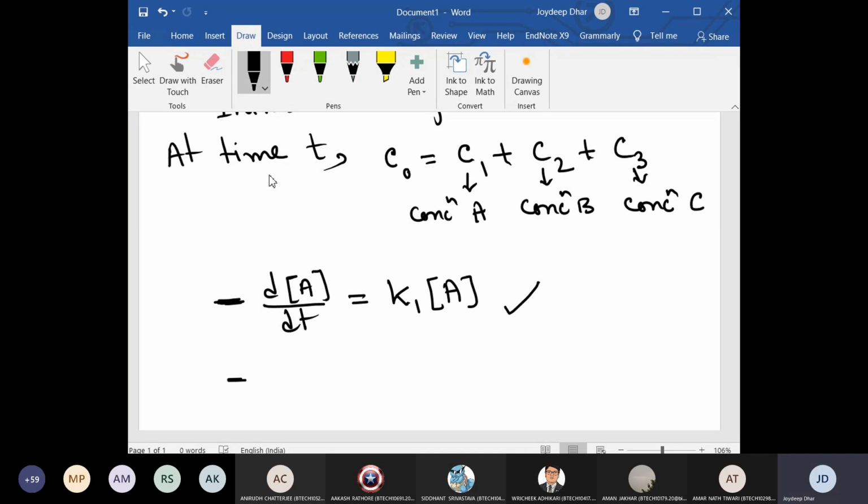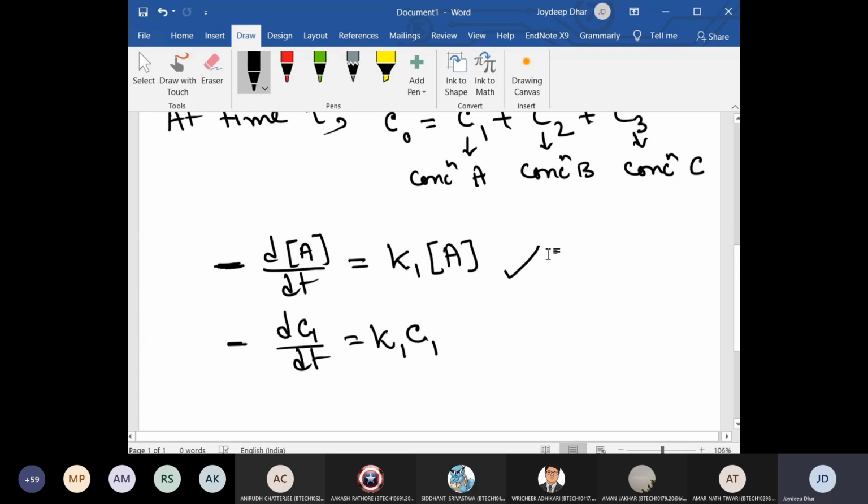So at a particular time, dC1 dt equals K1 C1. Now this is a first order reaction.